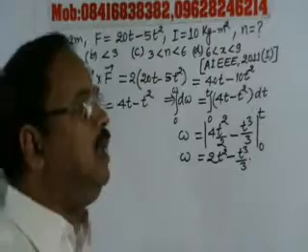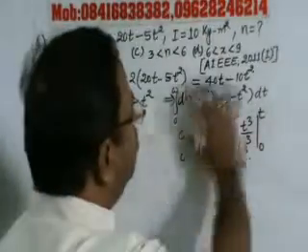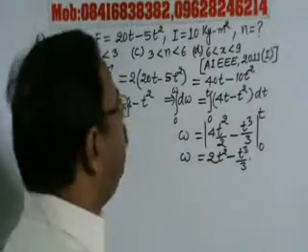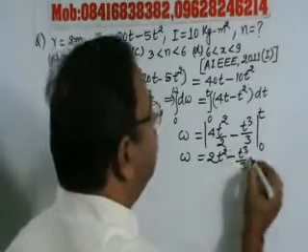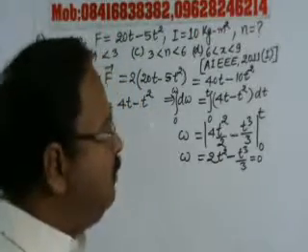It is given that we have to find the number of rotations made by the pulley before its direction of motion reverses. When the direction of motion reverses, omega has to become 0. So we keep omega equal to 0, that is 2t square minus t cube by 3 equal to 0, and solve for t.